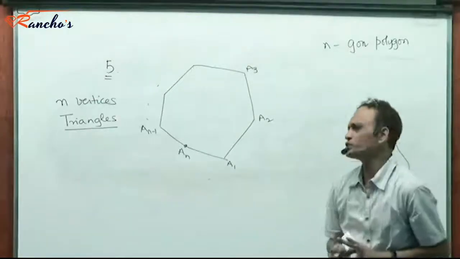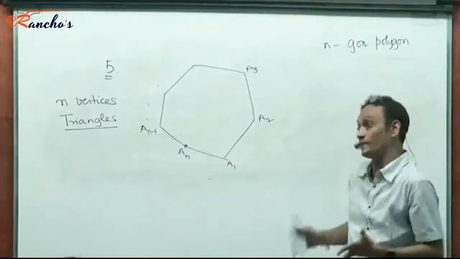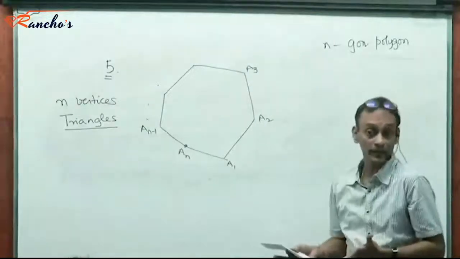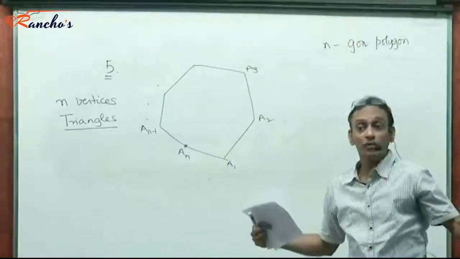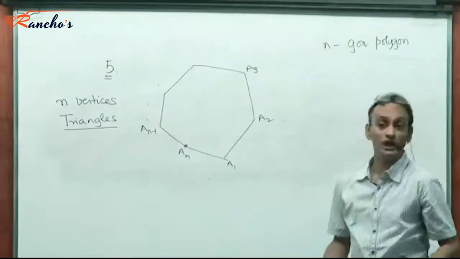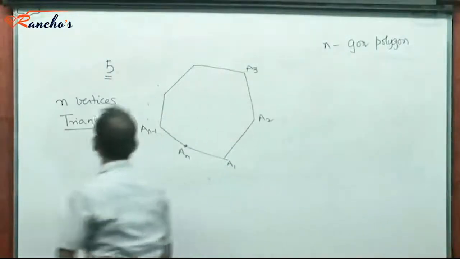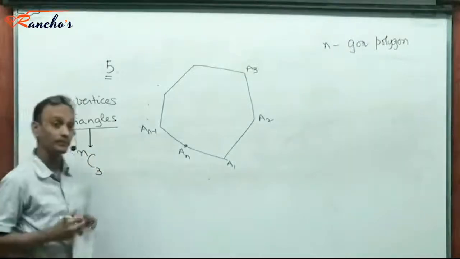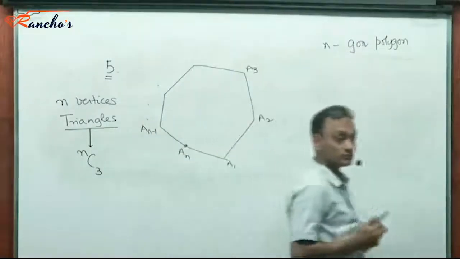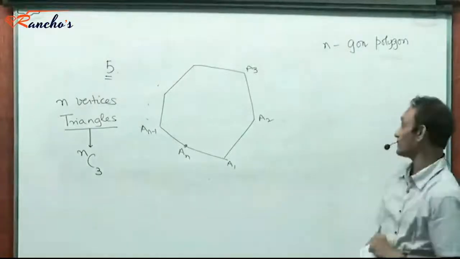Now, if there was no condition imposed, no three of these points would be collinear, so a random selection of 3 points is permissible to produce a triangle. So unconditionally speaking, the total number of triangles would be NC3.